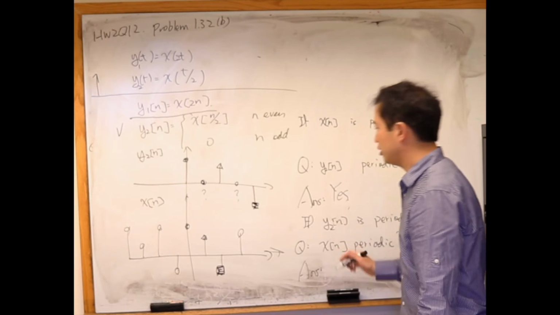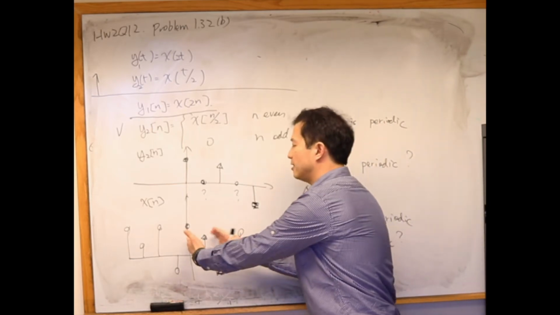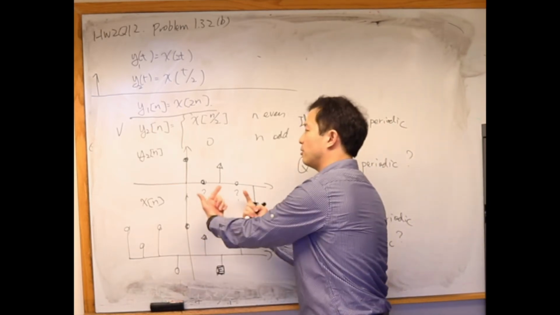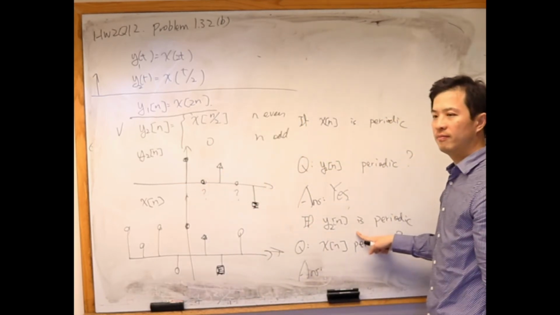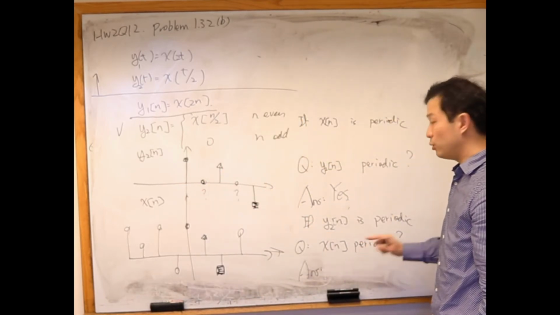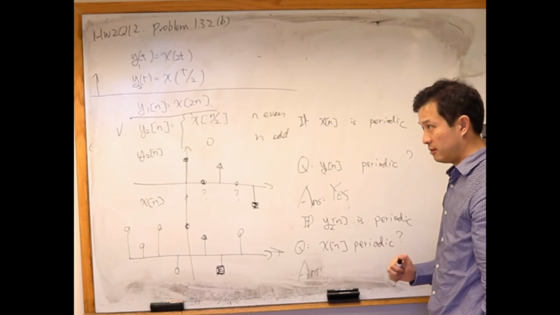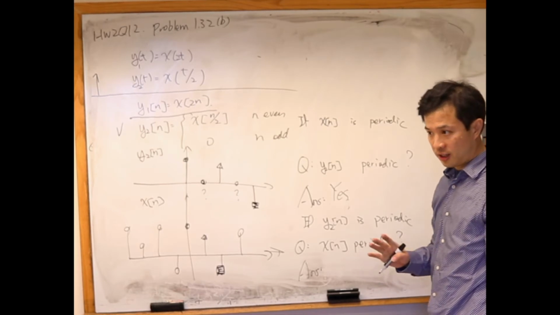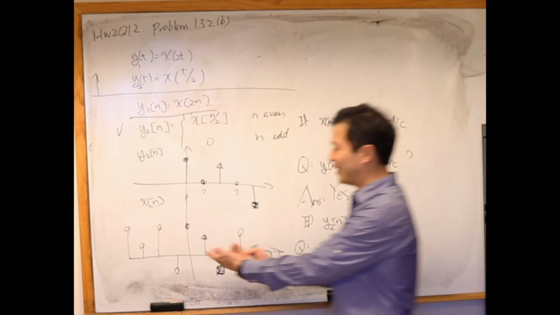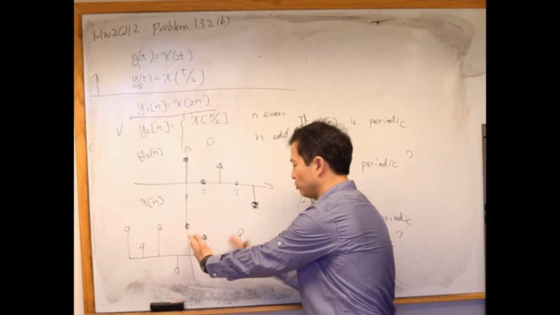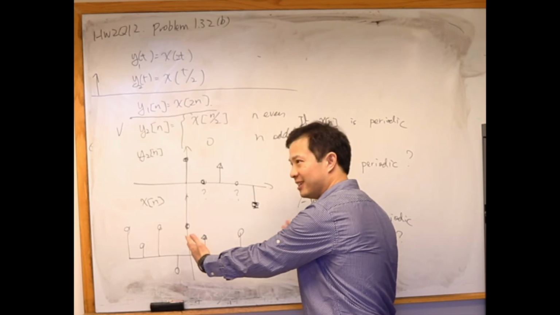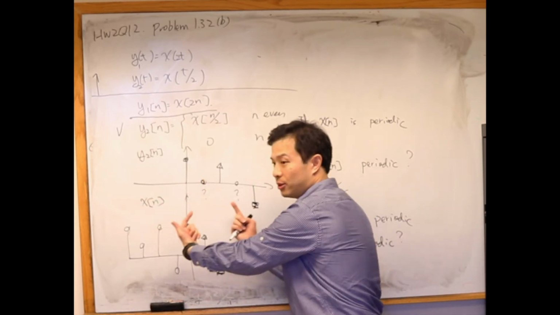So now I'm telling you that if I stretch it, inserting zeros, the end result is periodic. Is the original one periodic? Is the question clear to everybody? The end result is what? Stretching it, whatever I have, I'm going to place at positions 2, 4, 6, 8, inserting zeros in between.